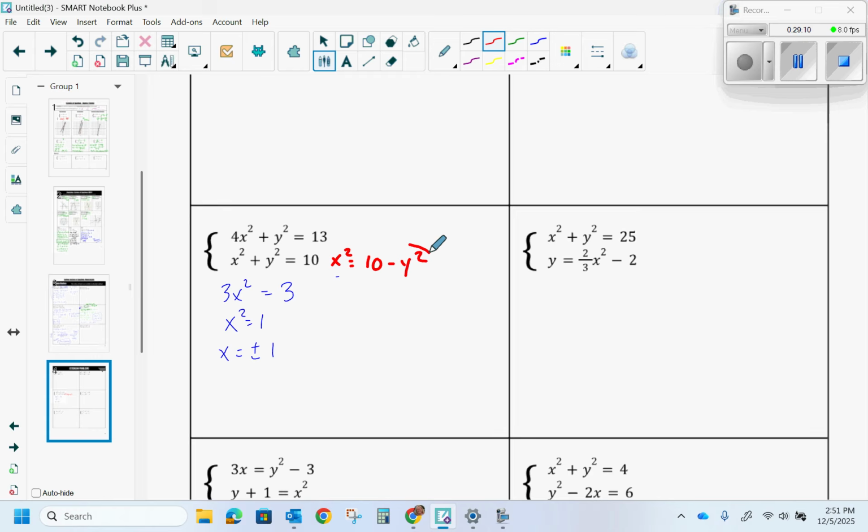But then I can take this and put it into here, and that would be 4 times 10 minus y squared plus y squared equals 13. I would distribute, and I get 10 minus 3y squared equals 13. I would subtract 10. I don't know, I'm getting a minus.